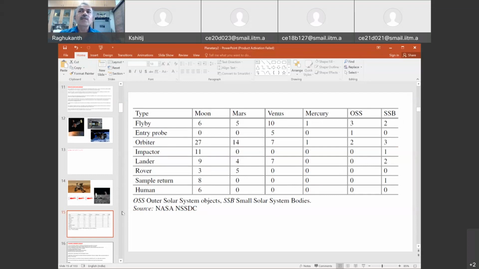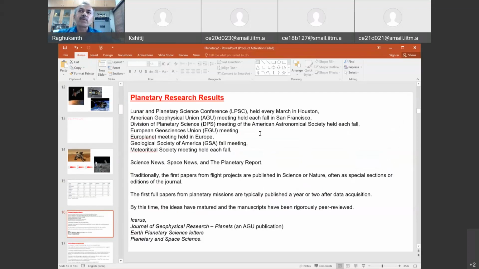Now in our planetary explorations, once a mission has been done, like the InSight mission, what NASA does is present all the results in conferences. People want to know, so there is the Lunar and Planetary Science Conference, which is held every March in Houston. They publish all these results.